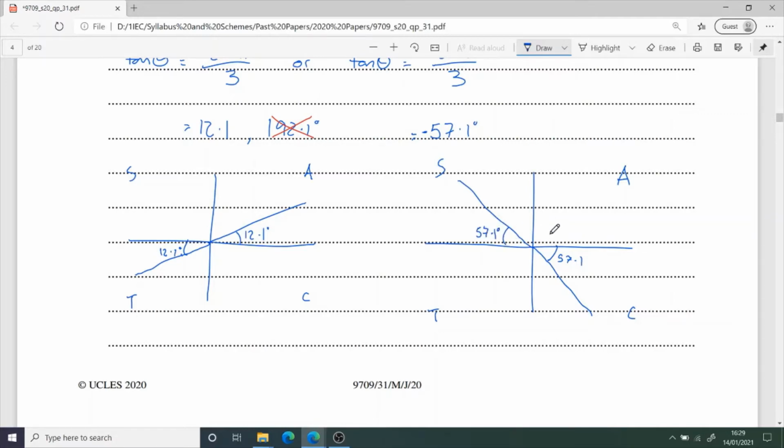To find this value, we're going to do 180 subtract 57.1 to give us the value 122.9. Negative 57.1 is outside the range we want, so our valid values of theta are 12.1 degrees and 122.9 degrees. There we go.